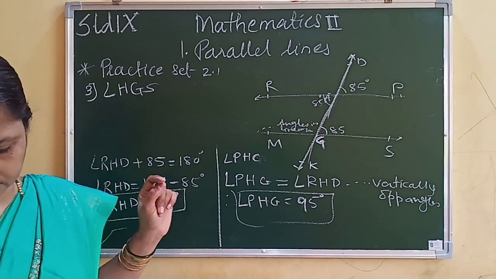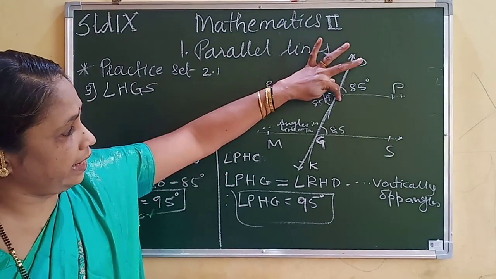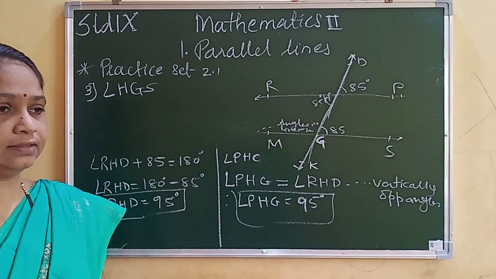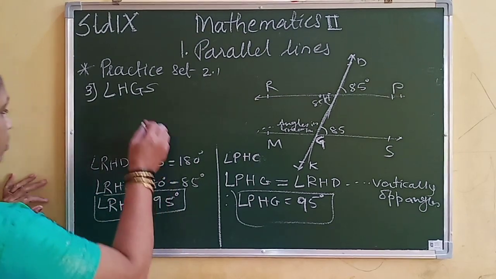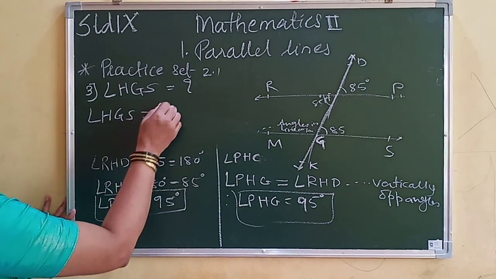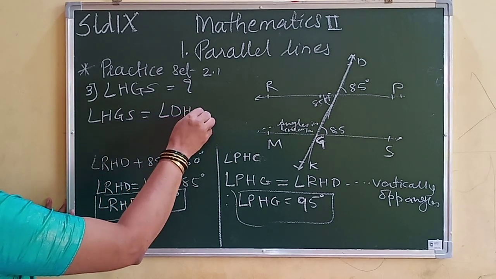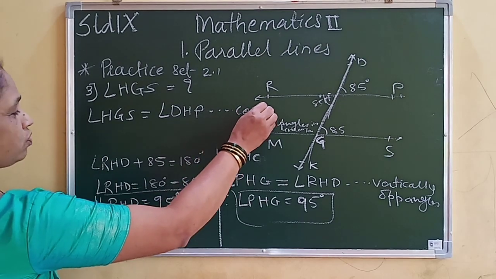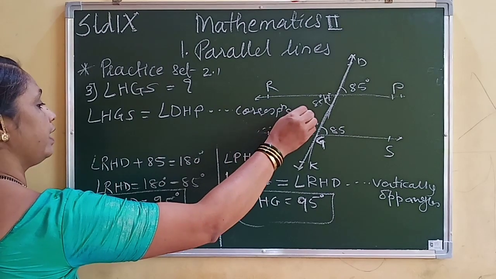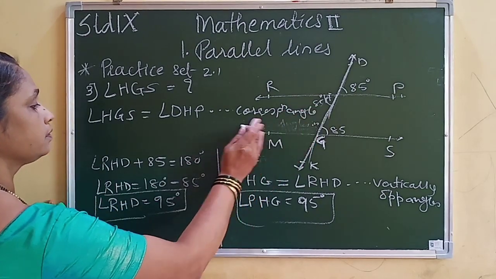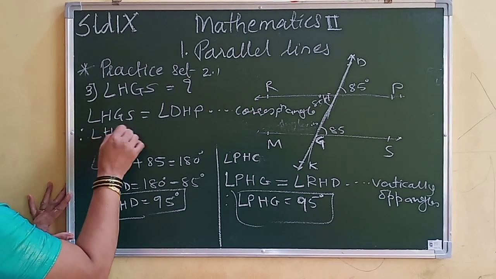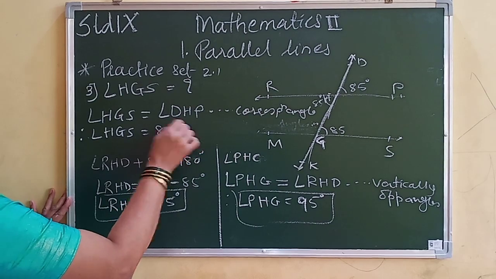So what you can write down, angle DHP and angle HGS, they are the corresponding pairs of angles. So angle HGS is equal to angle DHP, corresponding angles. Now we have learned corresponding angles are congruent. Therefore HGS is equal to 85 degree.